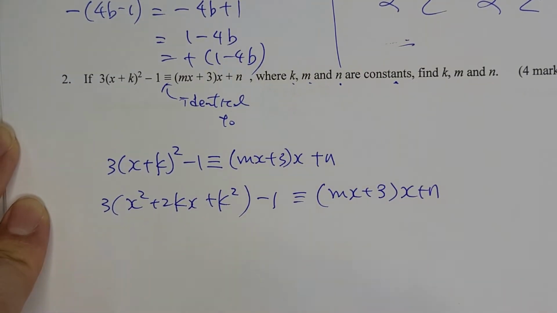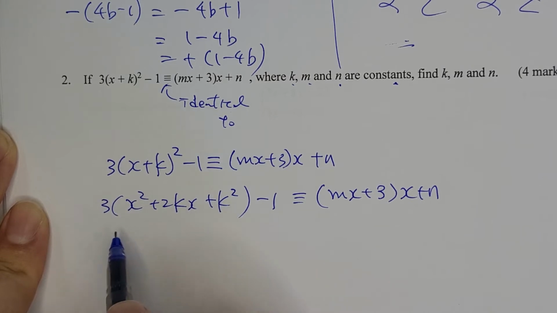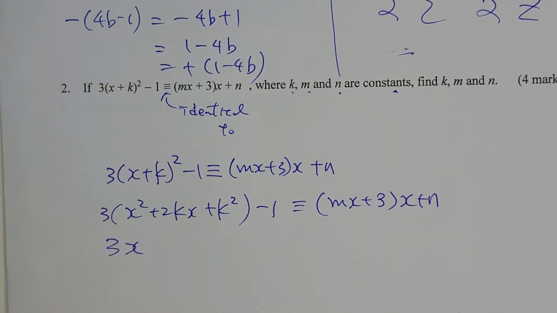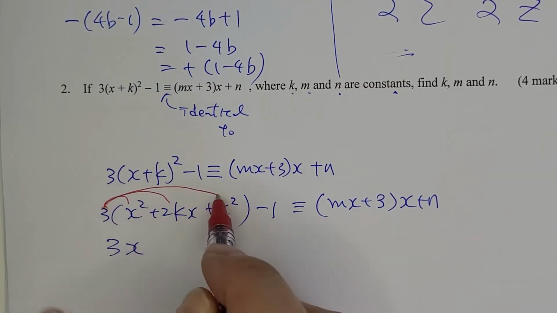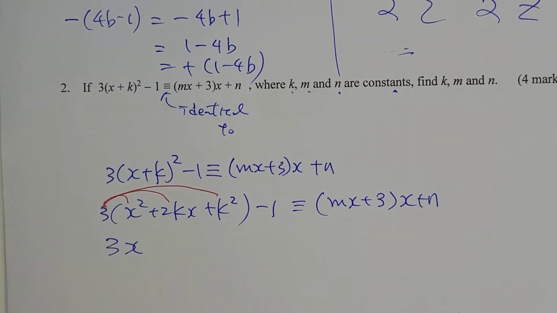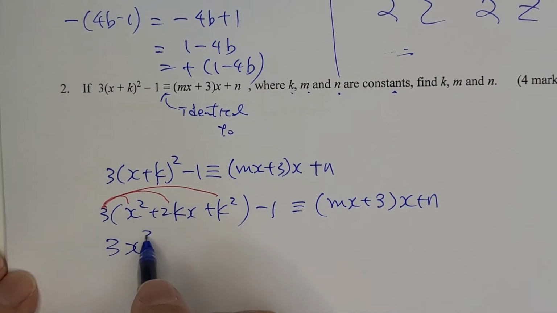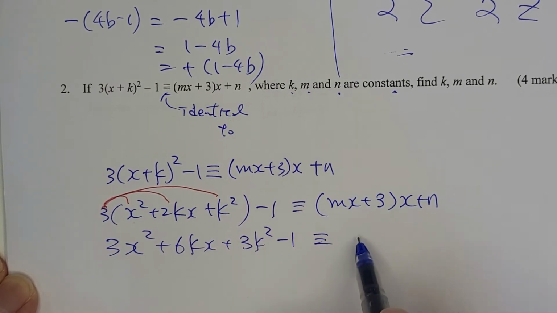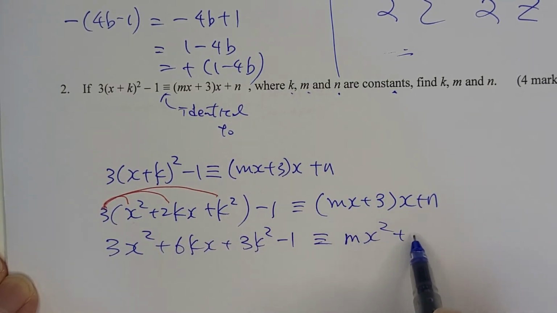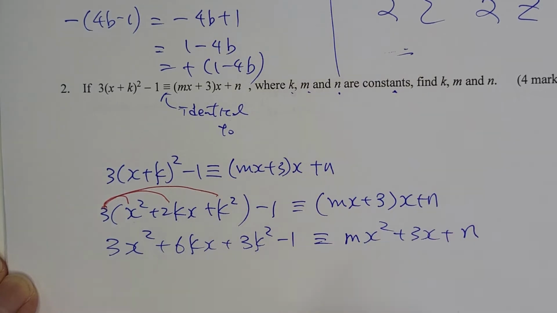Next, multiply 3 here inside the bracket. So every term inside the bracket should multiply by 3. So that is 3x² plus 6kx plus 3k² minus 1 equals mx² plus 3x plus n.